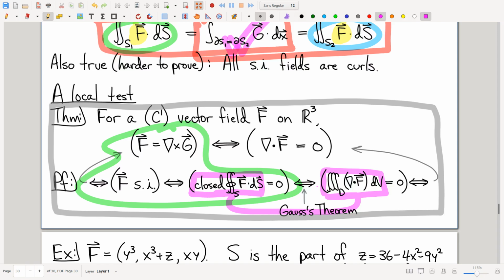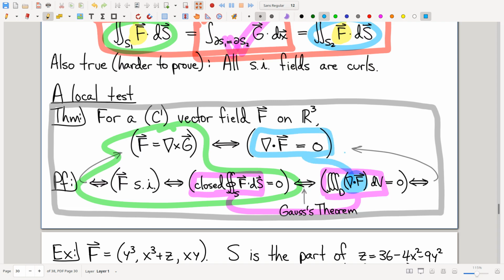And so again, we find ourselves in this scenario. This vector field's divergence has triple integral equal to 0 for every possible domain. How could it possibly be that this triple integral is always 0 for all possible solids? That's only possible if the divergence itself is 0.